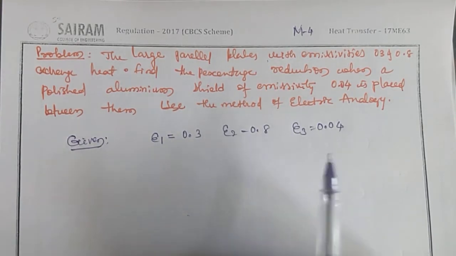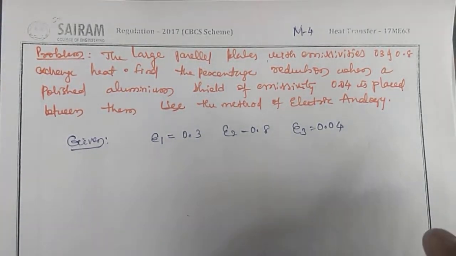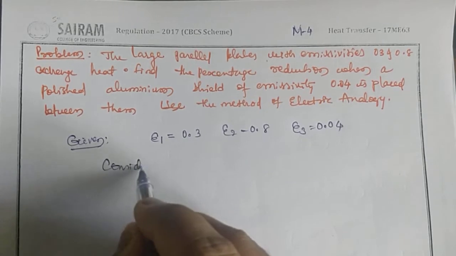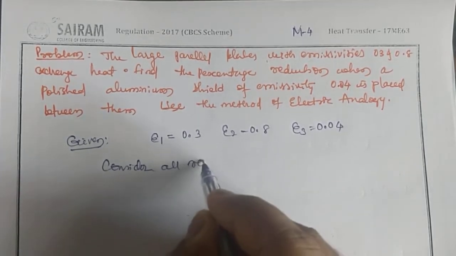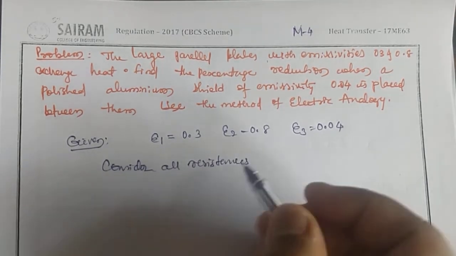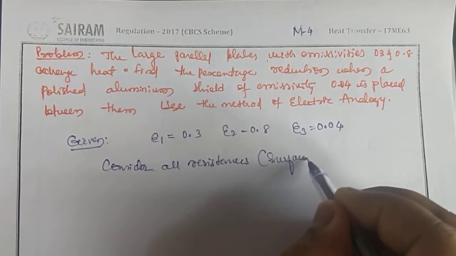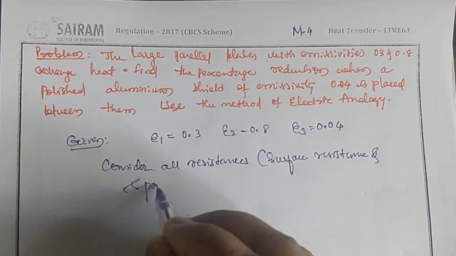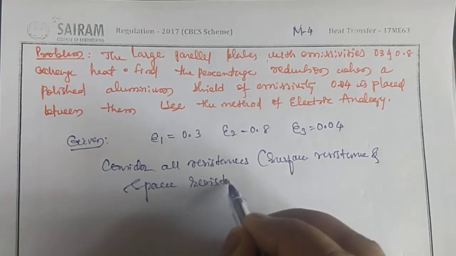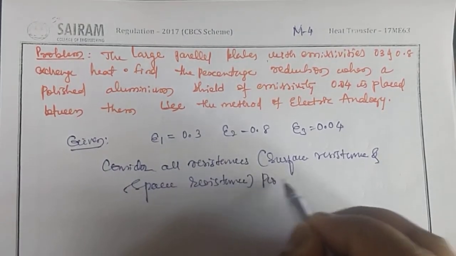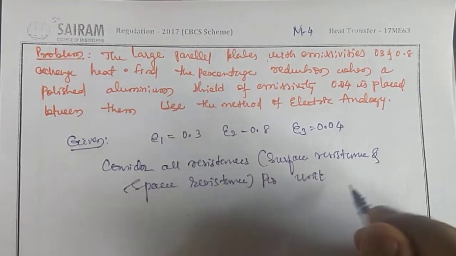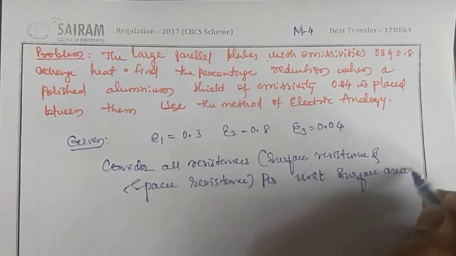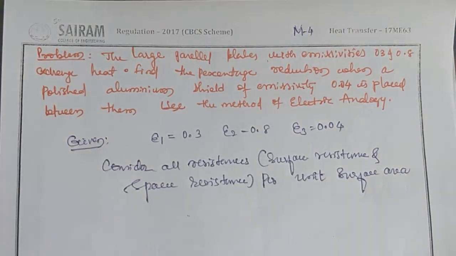So consider all the resistances, that is surface resistance and space resistance, per unit surface area for steady state.